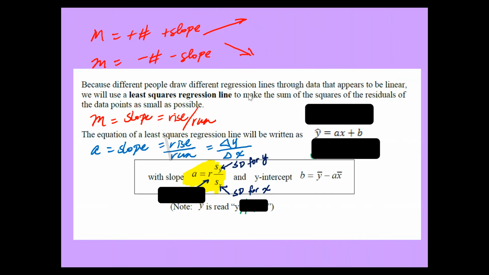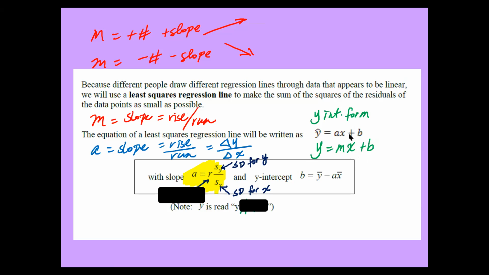Slope is rise over run, basically the change in the y value in the numerator over the change in the x value in the denominator. Y-intercept form is y equals mx plus b. The two things you need are m, which stands for slope, and b, which is the y-intercept. It's also the starting point on the y-axis. And y with a little triangular shape is called y hat, just like we did p hat and q hat.